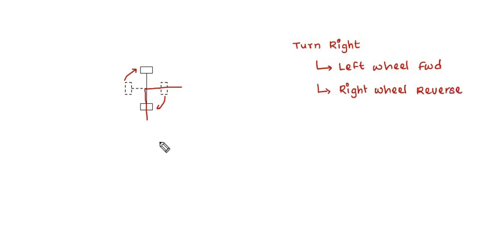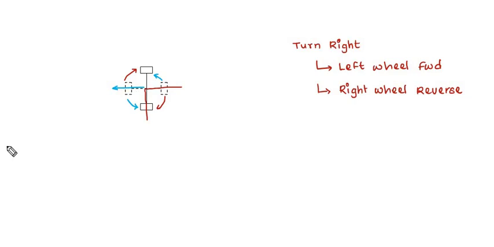And this way we achieve a hard right turn. And for a hard left turn, the right wheel goes forward and the left wheel backward. And that will ensure that we turn hard left.